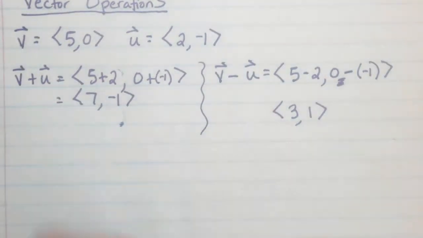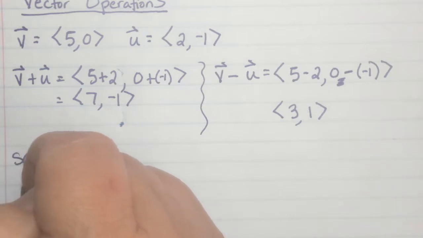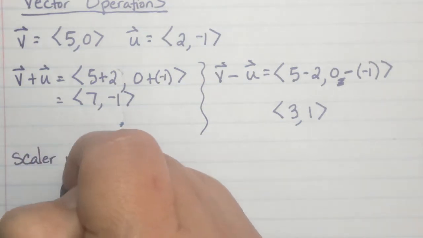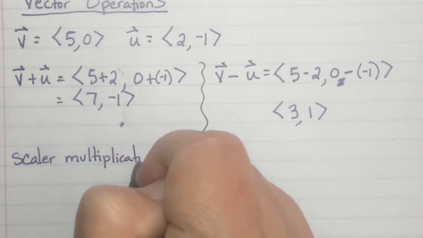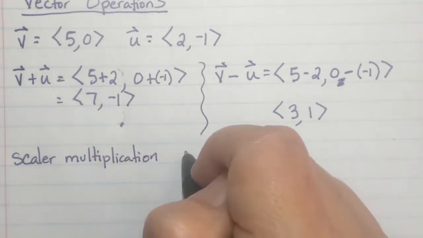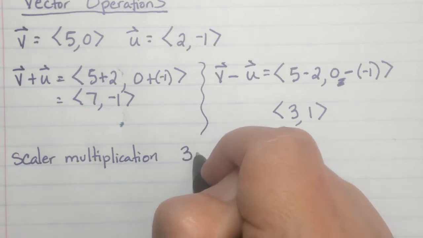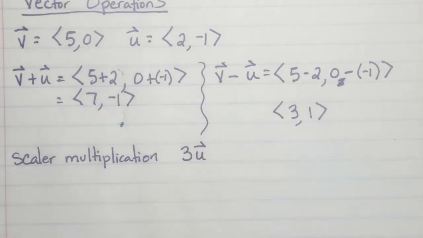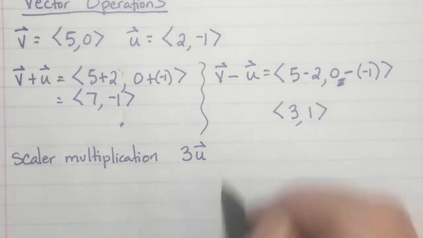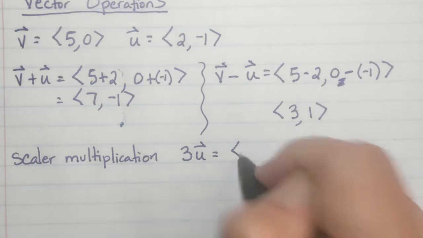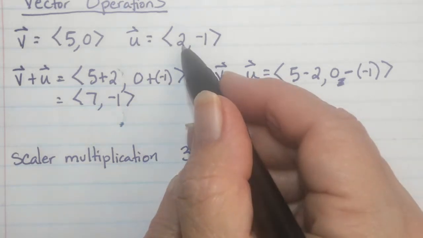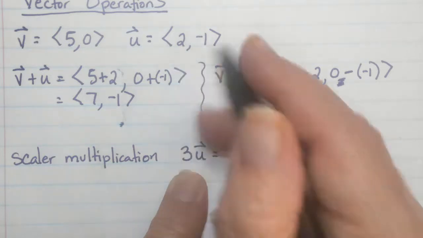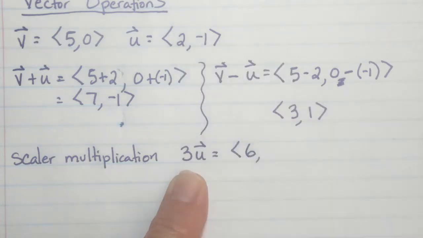Alright. Scalar multiplication is really just like distributing. So if I wanted to do 3 times vector u, all I do is take that number 3 and multiply it by the horizontal component, so 3 times 2 is 6.